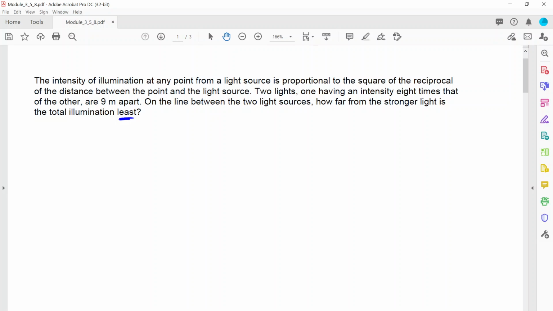So in this case we are trying to calculate the intensity of illumination of the light, and there are two light sources. First of all, let's say I stands for intensity of illumination of light.